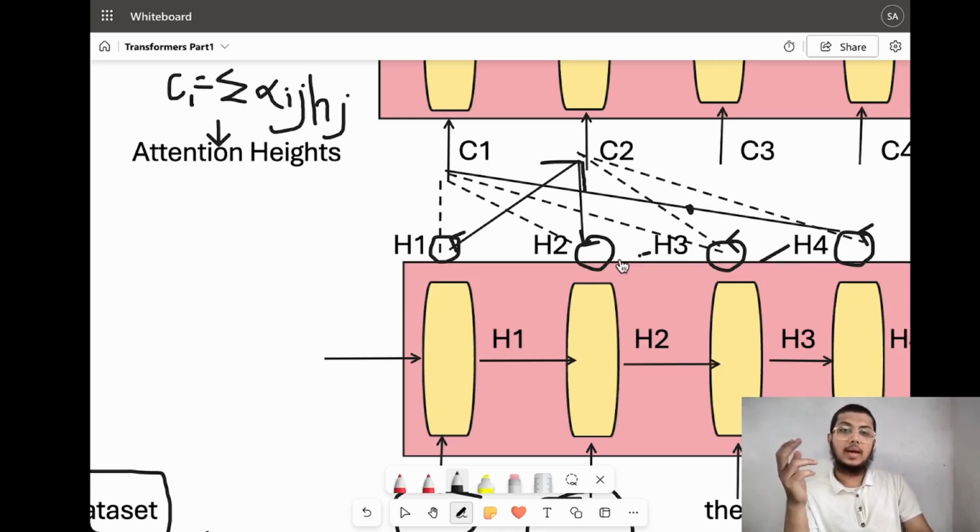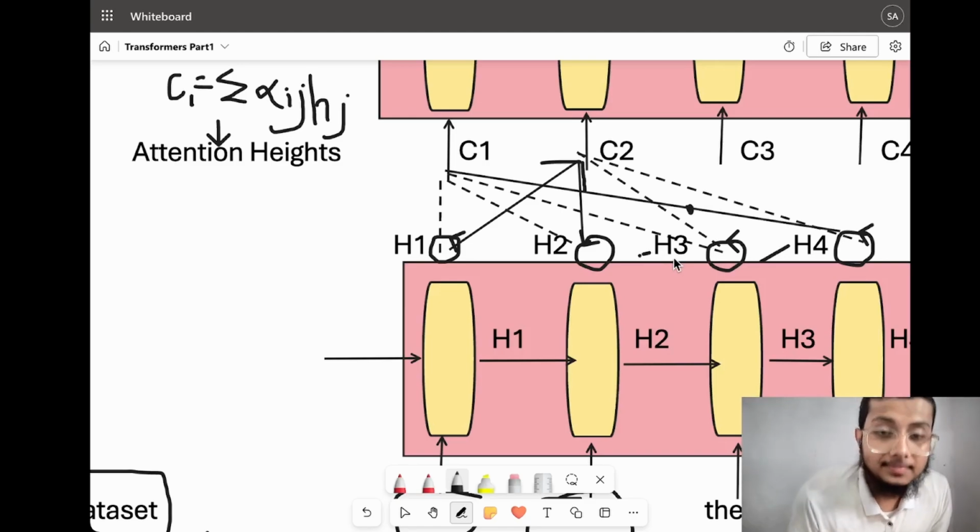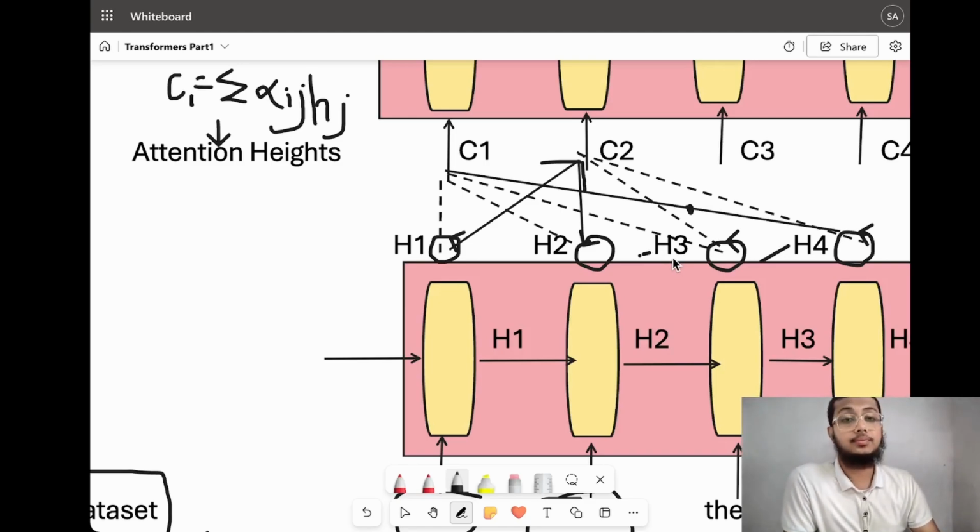So basically my context vector is a weighted sum of the hidden states of my encoder, and these weights are what we call attention weights. This is the main difference introduced by the paper, and this concept is called the attention mechanism.